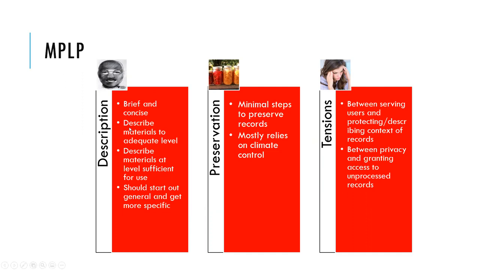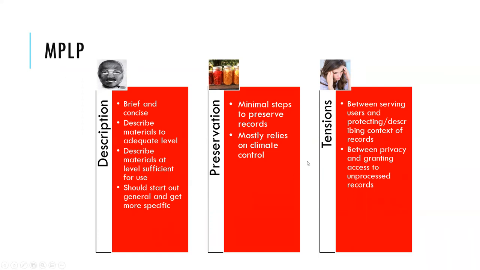It supports describing materials to an adequate level and describing materials to a level sufficient for use. And again, it's premised on the idea that you should start out more general and get more specific as situations warrant.